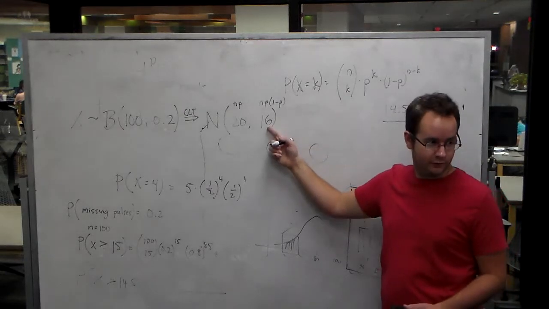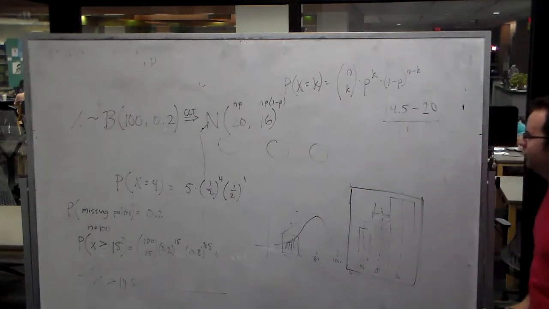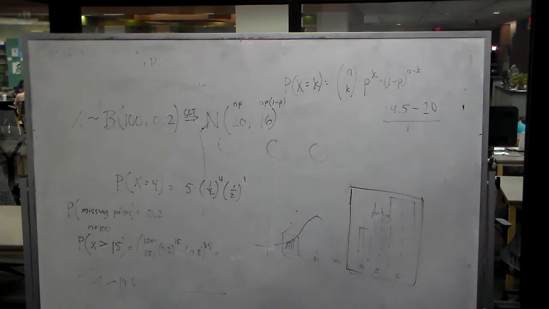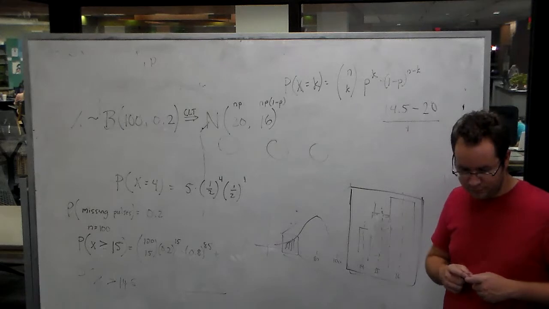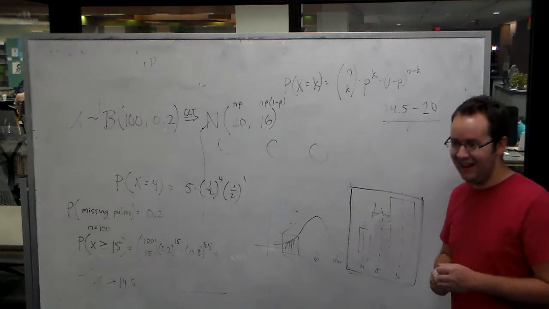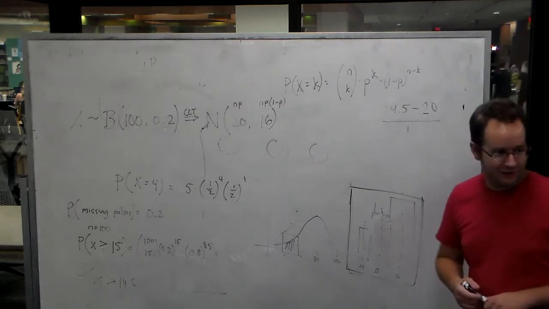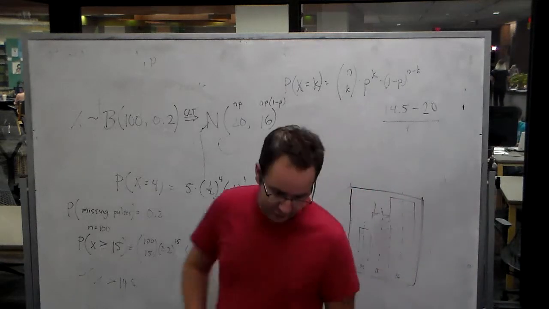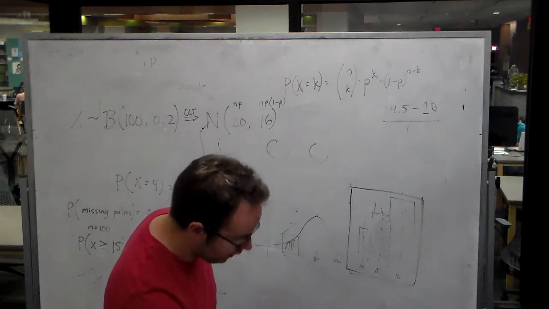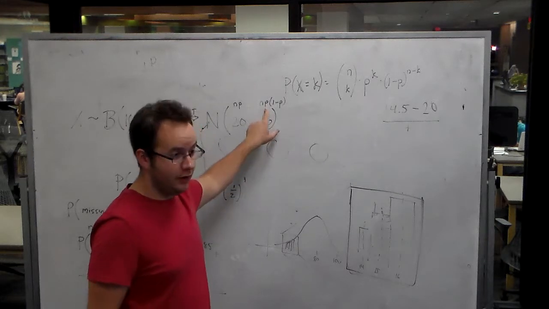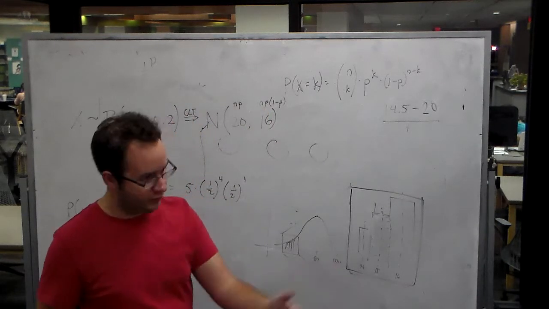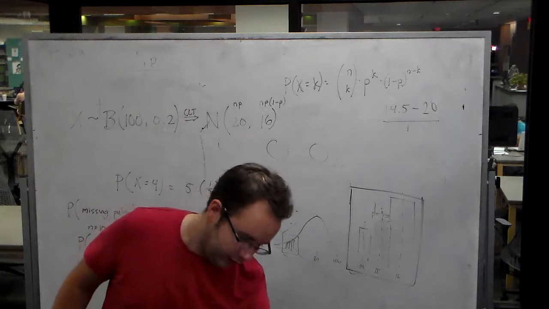Our variance is 16, but then do I divide by the square root of 100? No. You divide by the standard deviation. What is the square root of n times p times 1 minus p? What does n times p times 1 minus p give you? That's the variance, the square root of which is then the standard deviation. So this formula is good to know.